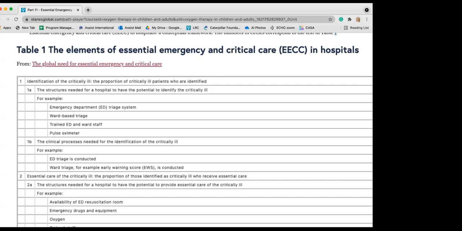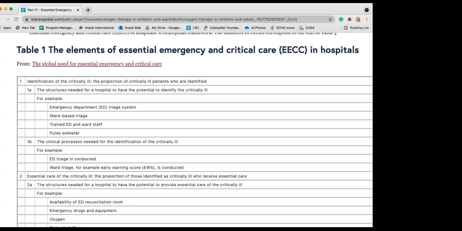We also need to be able to find structures at the hospital level. For example, availability of an emergency department resuscitation room, drugs and equipment, you can go down.